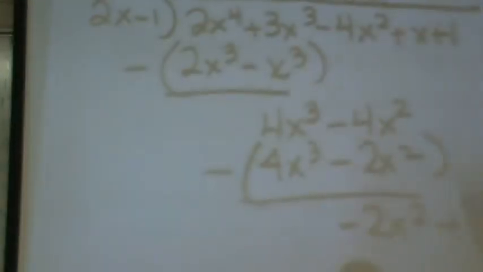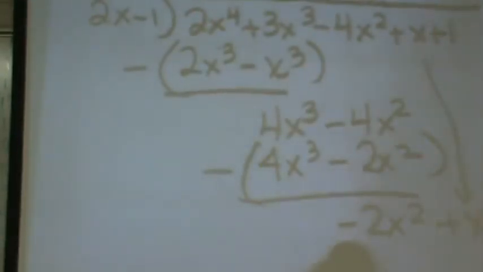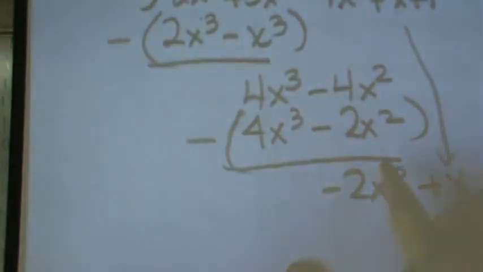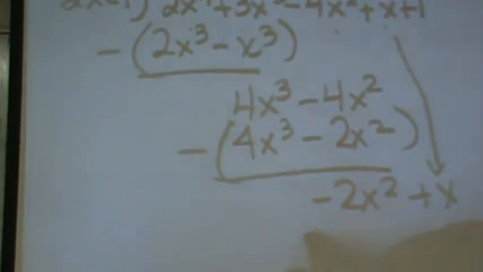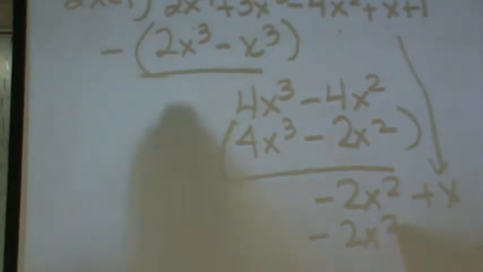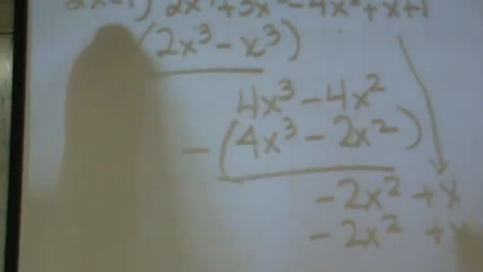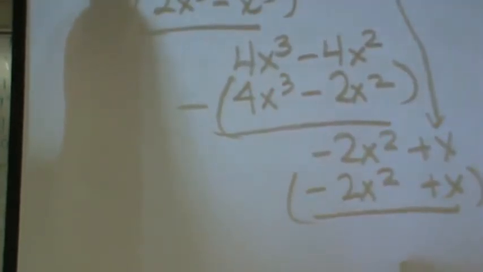Bring down your x. You always bring down the next term. We need a negative 2x here. This times this. I'm sorry, we just need a negative x. Negative x times 2x is negative 2x squared, and then plus x. When we subtract these are going to cancel.